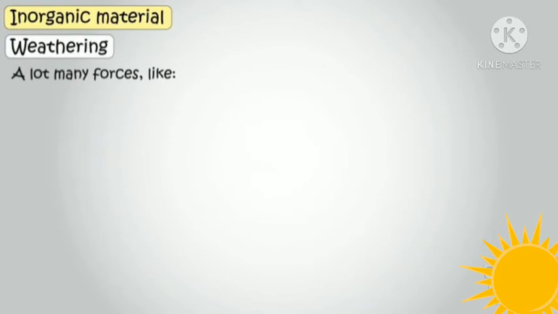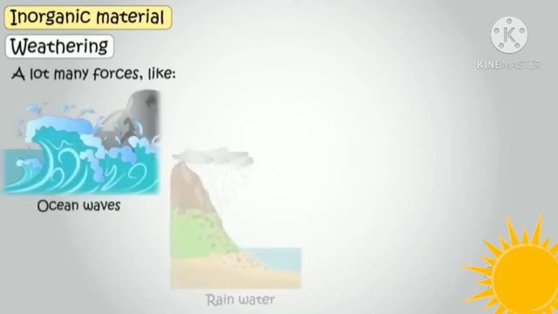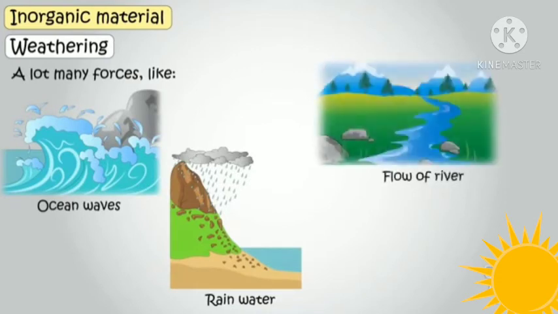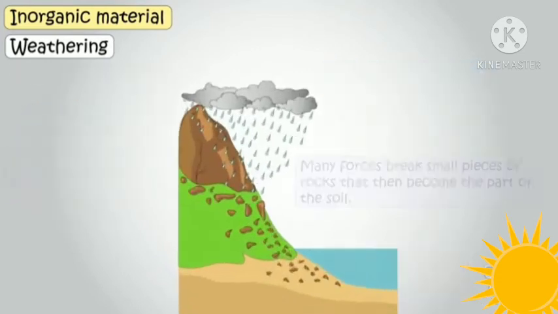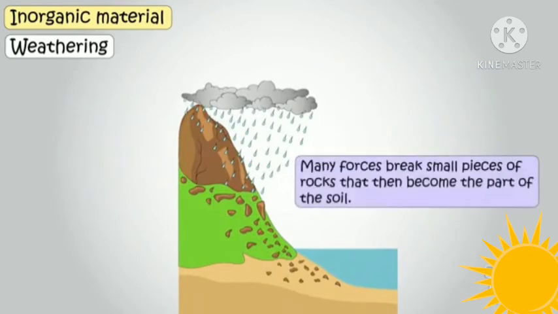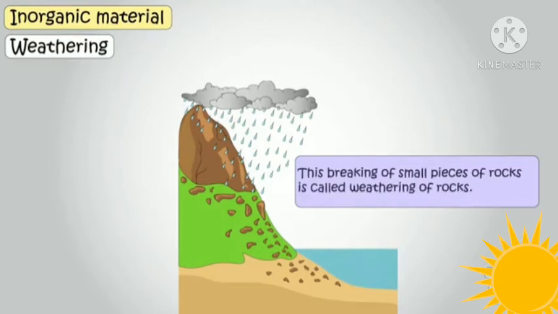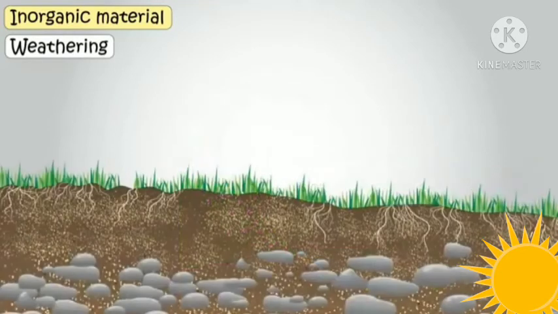Many forces like ocean waves, rainwater, the flow of rivers, and the growing of plant roots in soil break small pieces off rocks that then become part of the soil. This breaking of small pieces of rocks is called weathering of rocks.